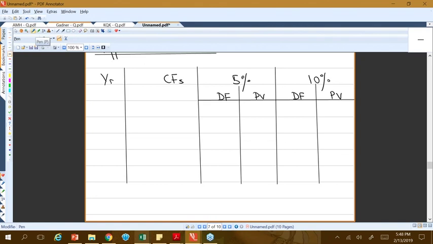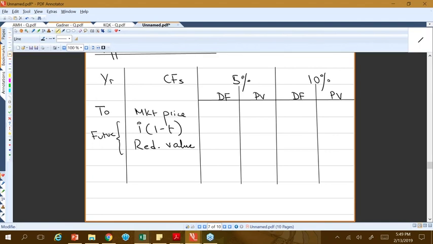In terms of the cash flows or the items which will come here, we'll have the market price. We'll have the interest (1 minus T). And we will have the redemption value. So market price, interest (1 minus T), and the redemption value. We'll put the years. So this will be T0, now, and these both will be in the future. We'll put the cash flows in, we'll discount them, and we'll find their present values.